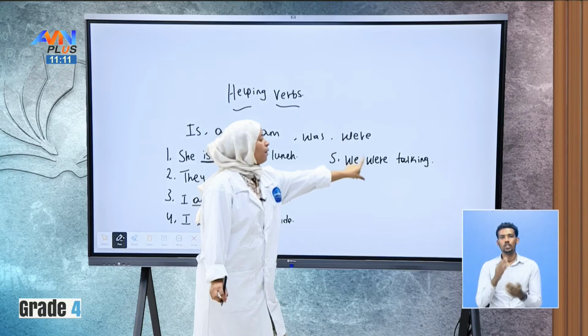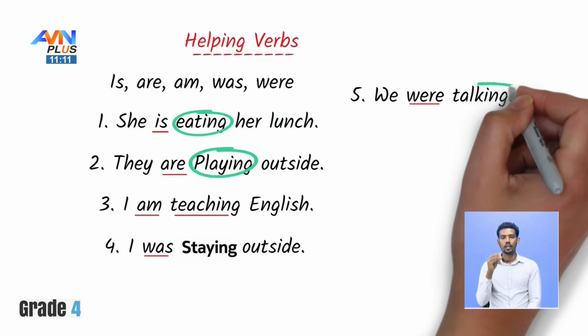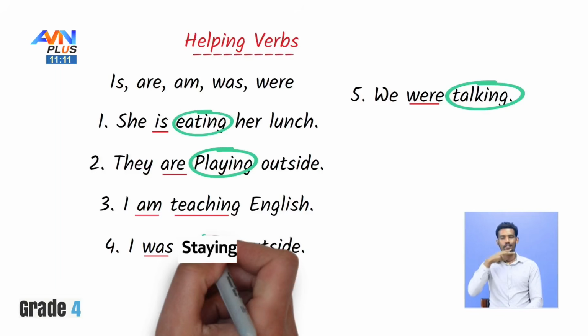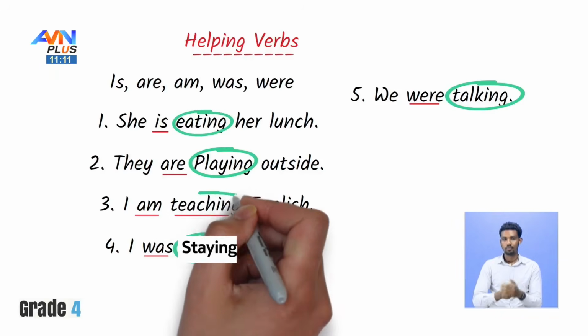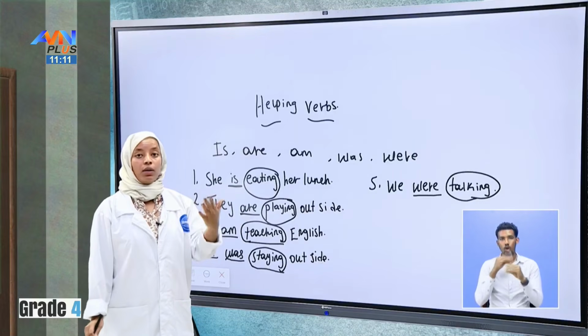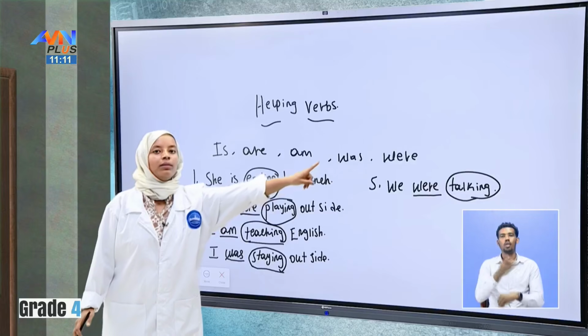Here is were as the helping verb. Here is talking, the main verb. Look, students, don't forget to circle here. We were talking, like speaking or discussing something.